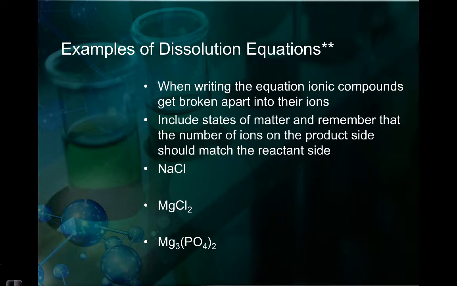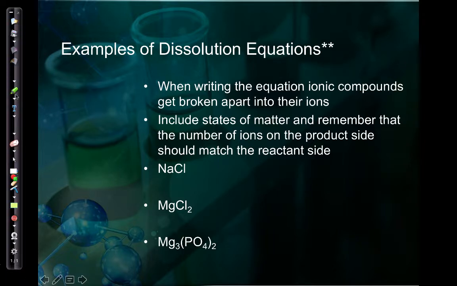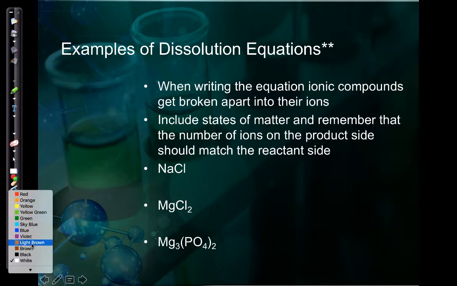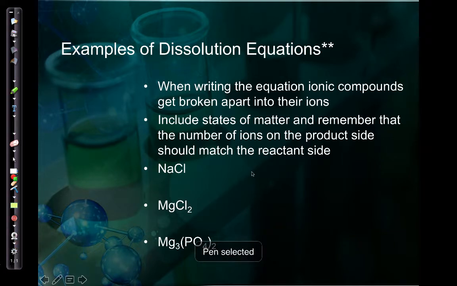When you dissolve something, remember this is not a chemical process, but we can write a chemical equation that shows the process of dissolving a compound. If you write a dissolution equation, you're not making new substances. All you're doing is pulling those ions apart.